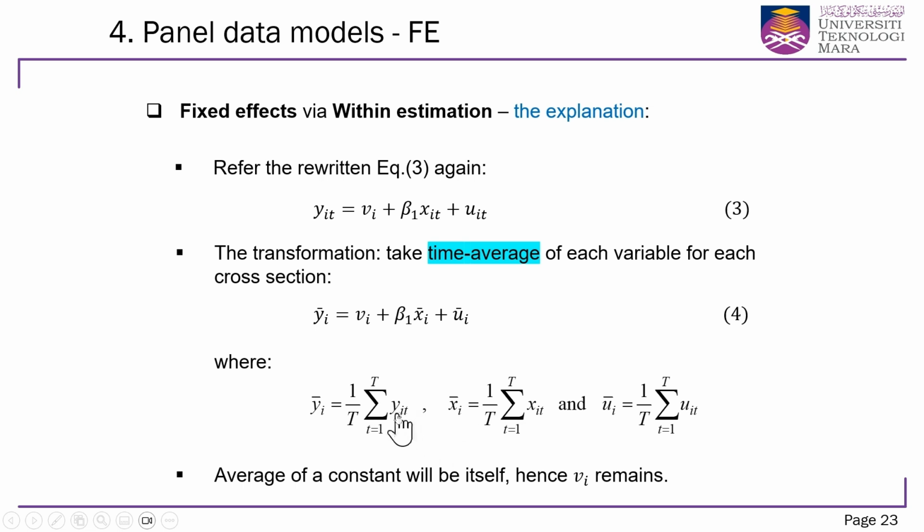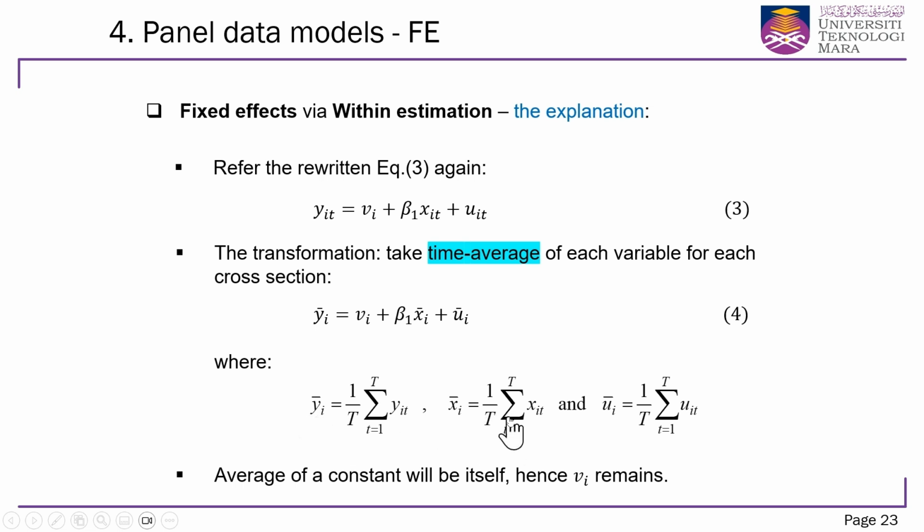Here, we sum all y for each country for each period. Let's say we take Australia data, we sum all the y observations for each year and then divide by the number of years. So we are going to get the y bar for Australia, which is the average value of y throughout the sample period.